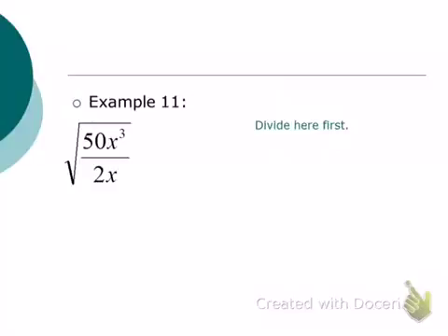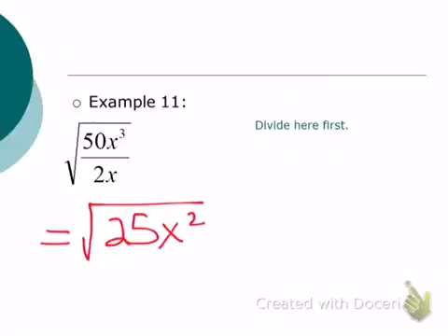And what do we do with these exponents? What's the quotient rule for exponents? Subtract. So that'll give us the square root of 25x squared, which is 5x as long as x is non-negative, right? 0 or greater than 0.